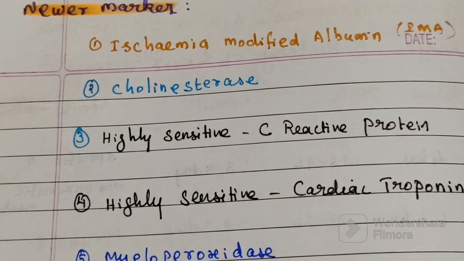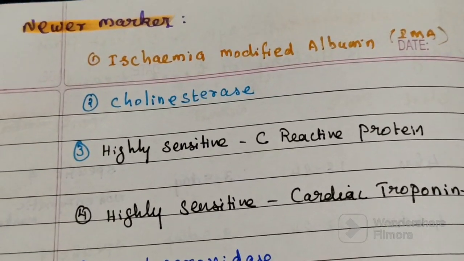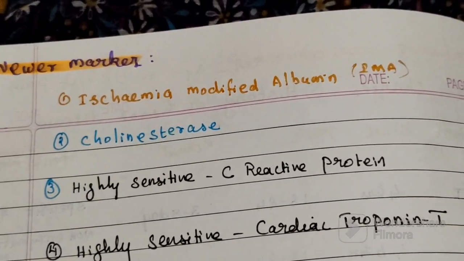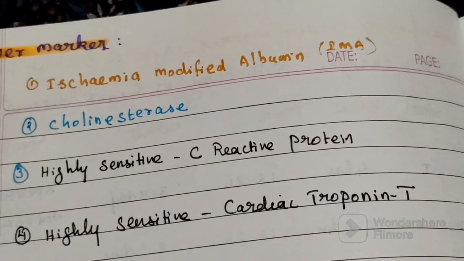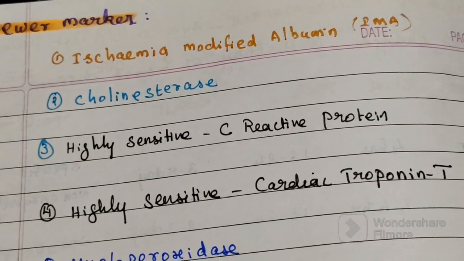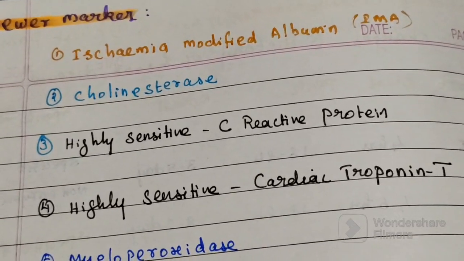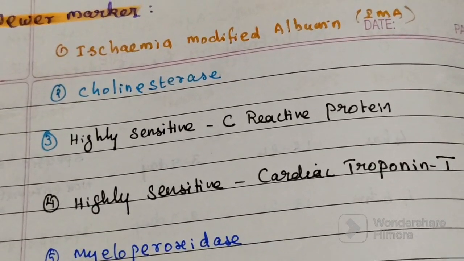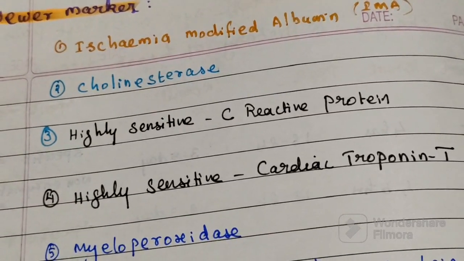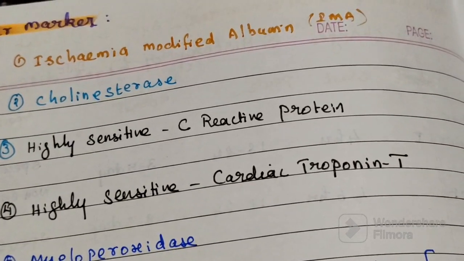Coming to newer markers for diagnosis of acute myocardial infarction. First one is ischemia modified albumin, IMA. Second one is choline esterase. Choline esterase increases in patients with acute myocardial infarction, highly sensitive. Third one is highly sensitive C reactive protein.